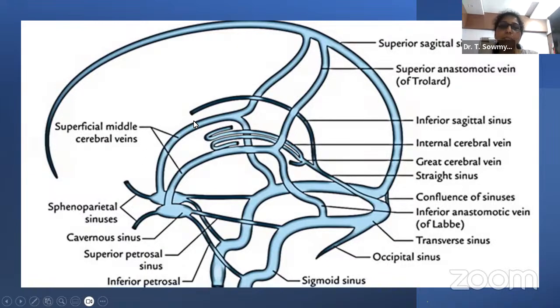The deep system is the inferior sagittal sinus, then the great cerebral vein, straight sinus, transverse sinus, then sigmoid sinus, cavernous sinus, and then into the internal jugular vein. This is the deep system of the dural sinuses and cerebral veins.